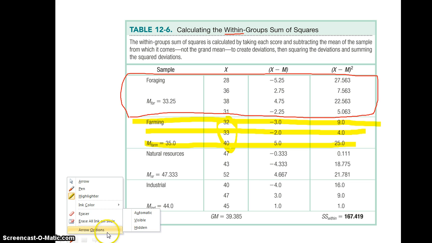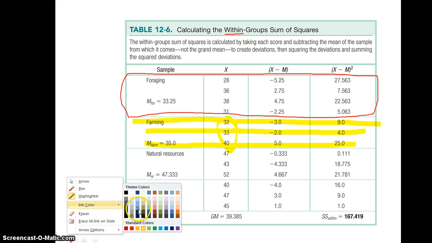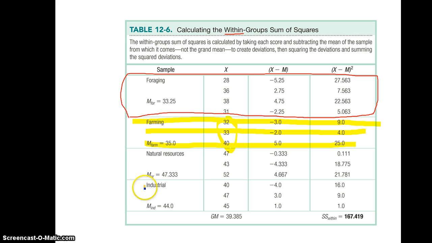Then perhaps we have this different set here in the natural resources, and we do the same thing again. We've got the mean of the natural resource group, and we subtract it out. You get -0.333, and then we have the squared value, and you would do that for each of those values.